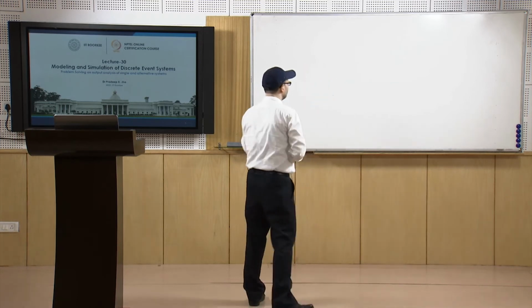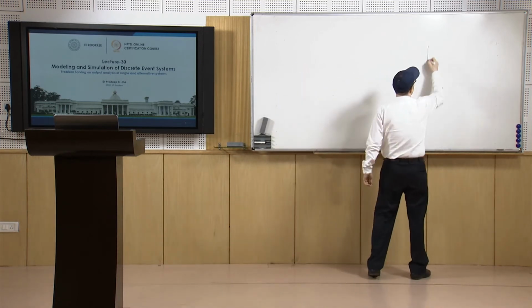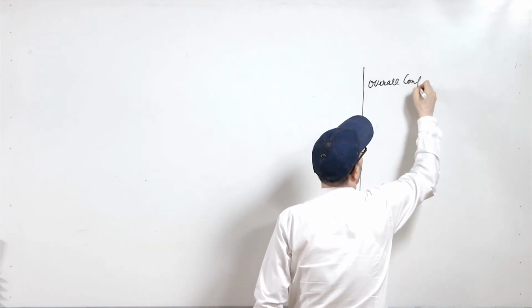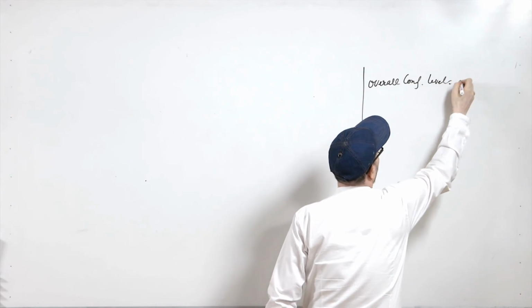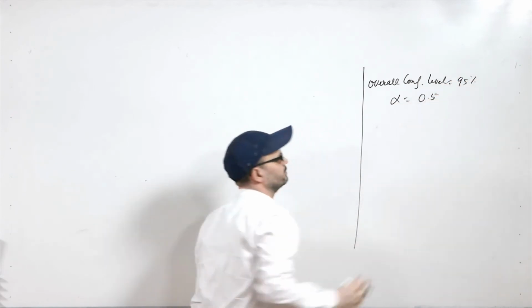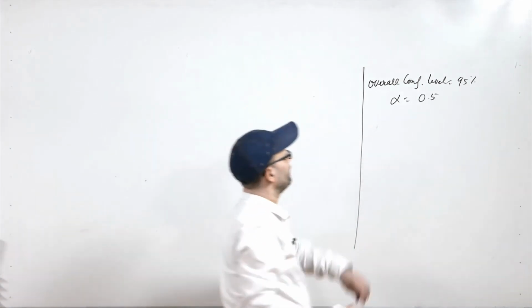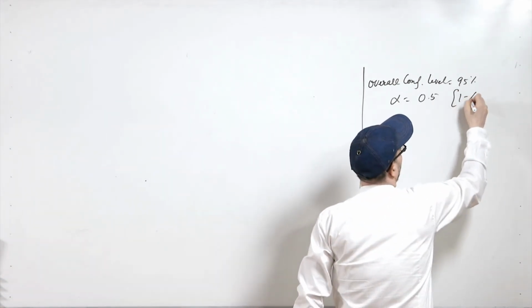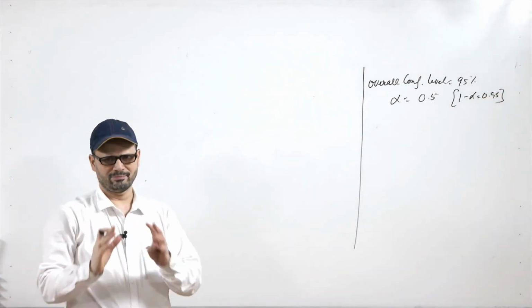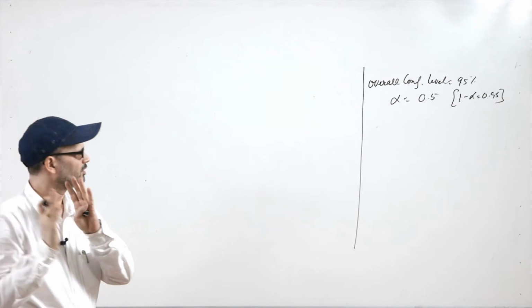So, what we see here is that you have overall confidence level of 95%, means alpha is 0.05, because 1 minus alpha is 0.95. Now, you have to have the 3 classes.